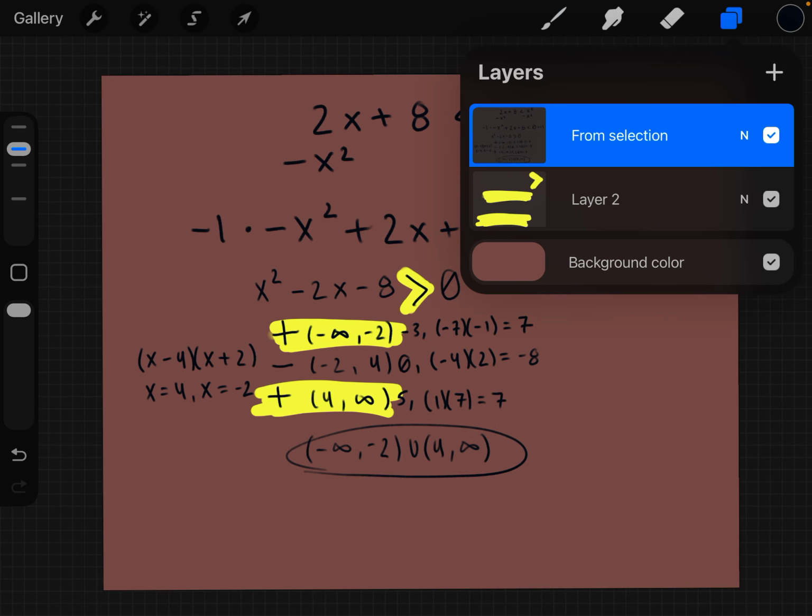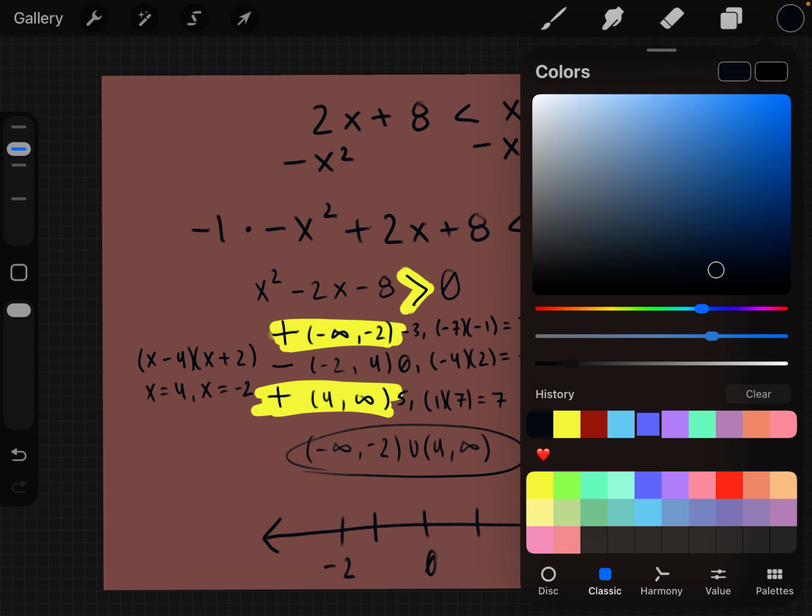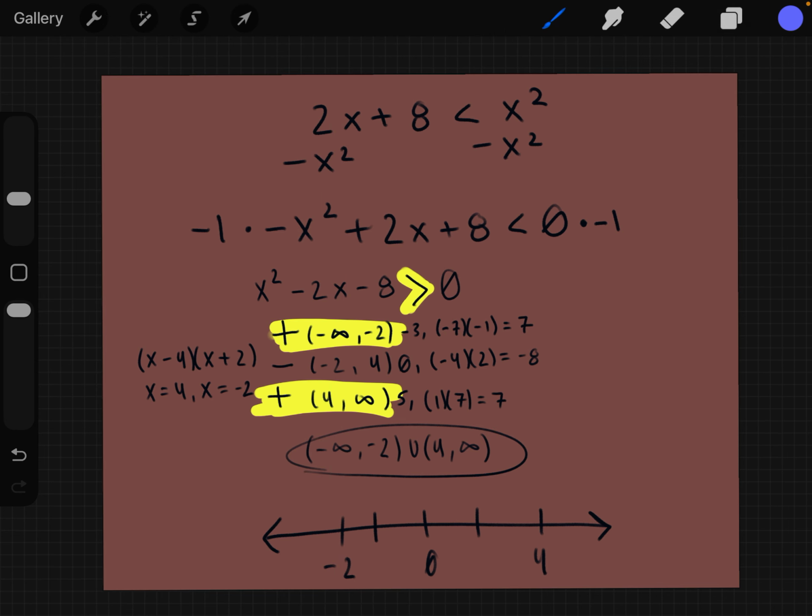On a number line that would look like that.